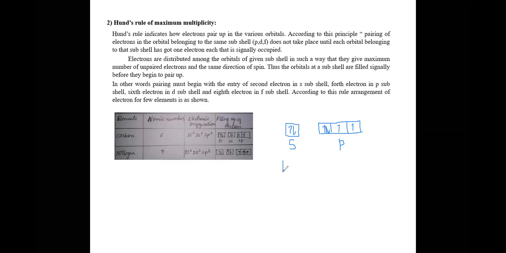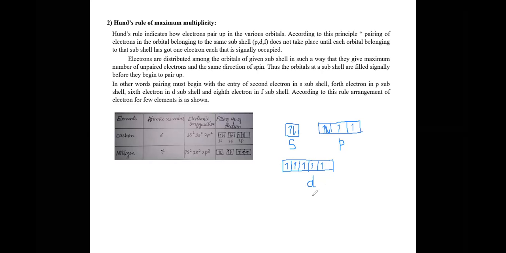Next one is the d subshell. We know that in the d subshell we have 5 orbitals. So first we have to occupy the orbitals with single electrons. So write the single electrons here: third electron in the third orbital, fourth electron in the fourth orbital, fifth electron in the fifth orbital.